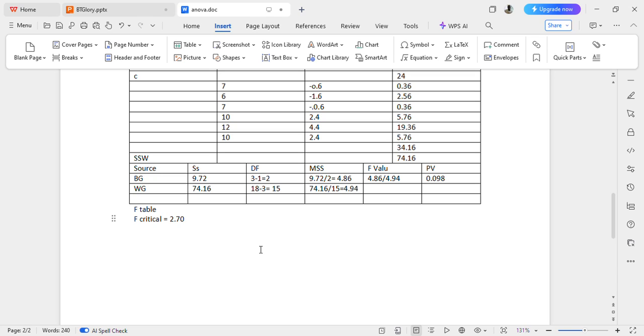Now we said if F critical is greater than F statistics, you fail to reject. So compare. So are we rejecting or not rejecting? So we will fail to reject the null hypothesis.